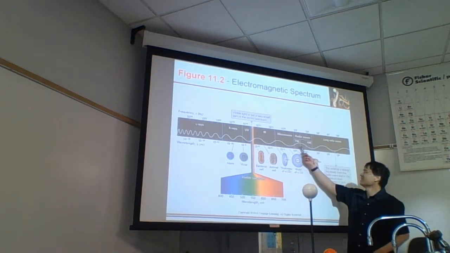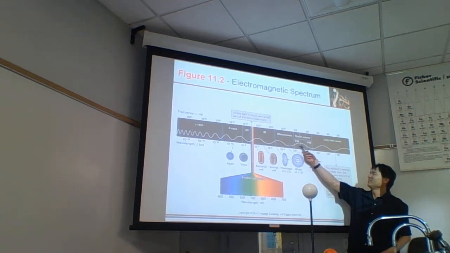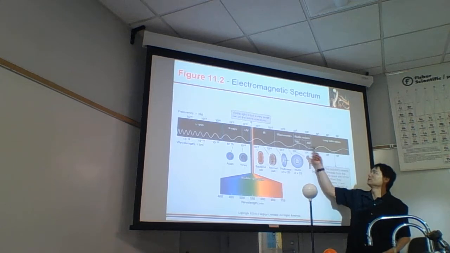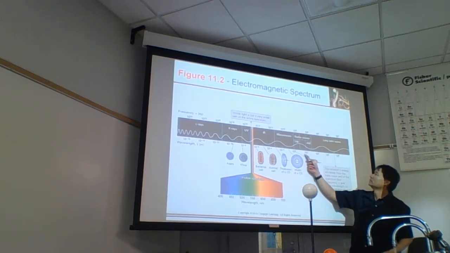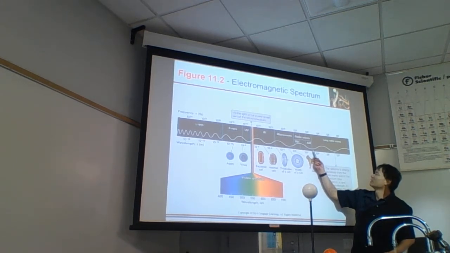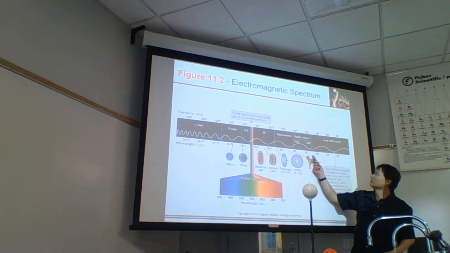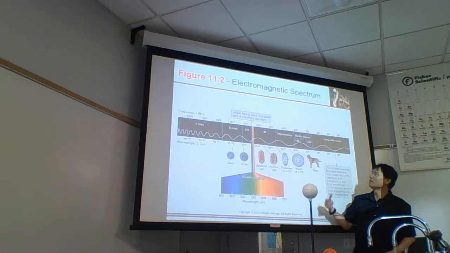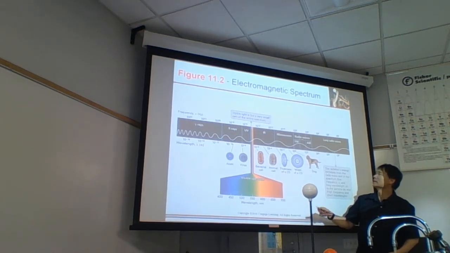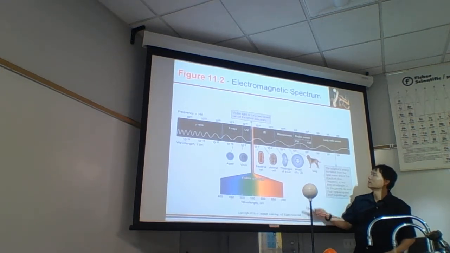So for example, radio waves have a wavelength on the order of a kilometer, let's say. AM radio is around a kilometer wavelength, 10 to the third meters. But that hits you at thousands of cycles per second because light is moving so fast.